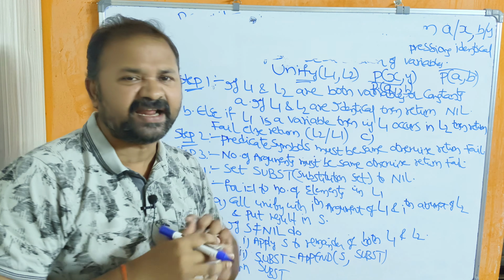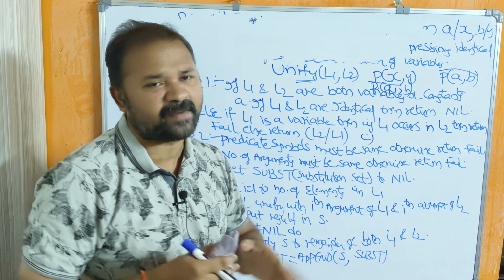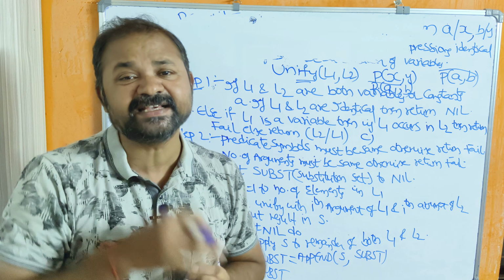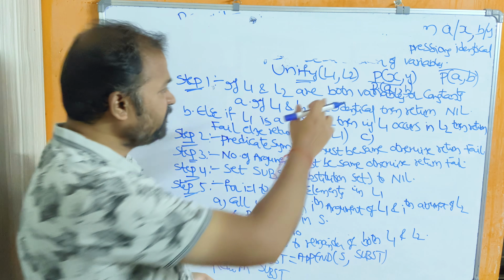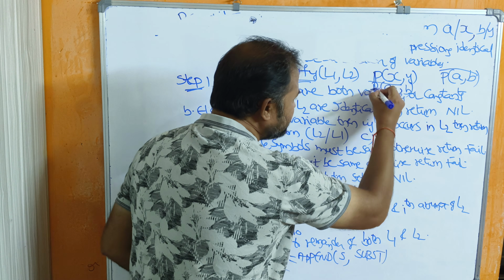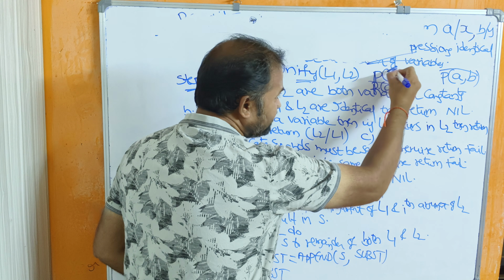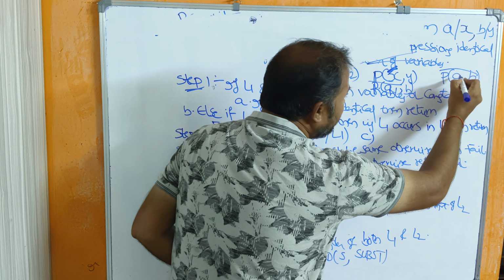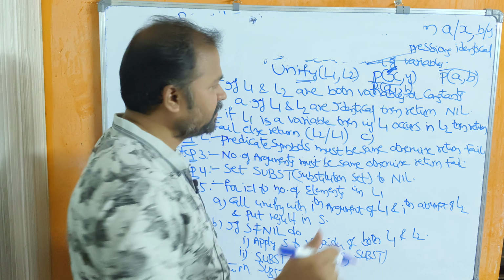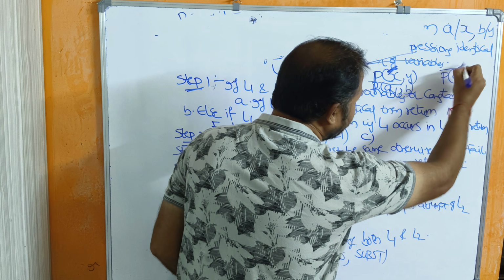The name of the algorithm is Unify. Here we have two arguments, L1 comma L2. L1 is the first argument of predicate 1. In this example, predicate 1 has first argument x, so this is L1. L2 is the first argument of predicate 2, which is a.